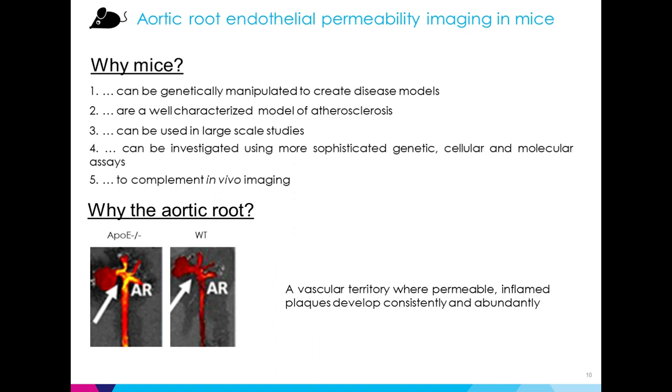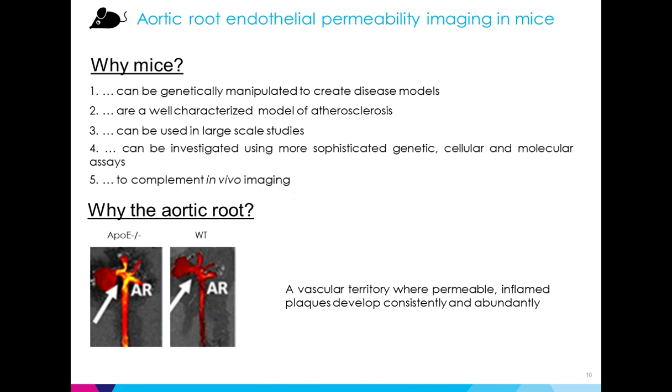They can be investigated using sophisticated genetic, cellular, and molecular assays that are not so easily available in larger animals, either because of cost reasons or simply because they've not been fully developed yet.